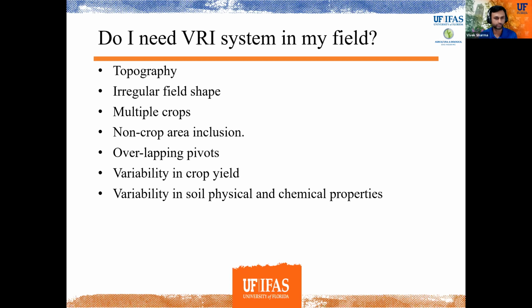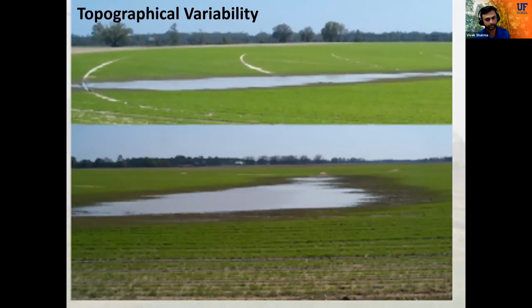So let me illustrate all those with images. For example, this image clearly defines a low-lying spot in the field, and the water is standing over the field. We don't want to irrigate that particular part of the field. So the variable rate irrigation system allows us to switch off those nozzles when this area comes in, and we can irrigate the rest of the field as usual.